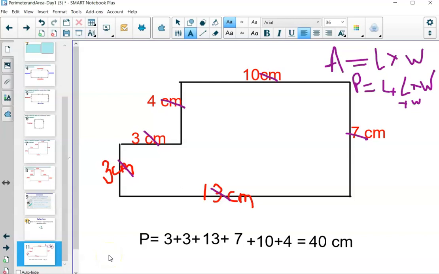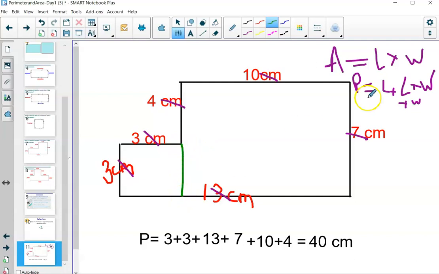Now, to solve for area, we have to do something a little bit different. Remember, when we solve for area, we don't need as many numbers. So what we need to do instead is get the total of 2 sides multiplied together, the length and the width.